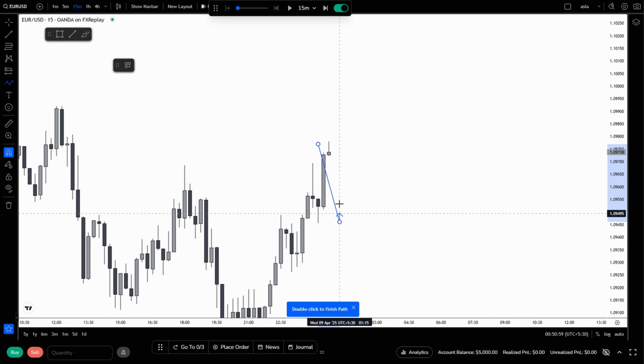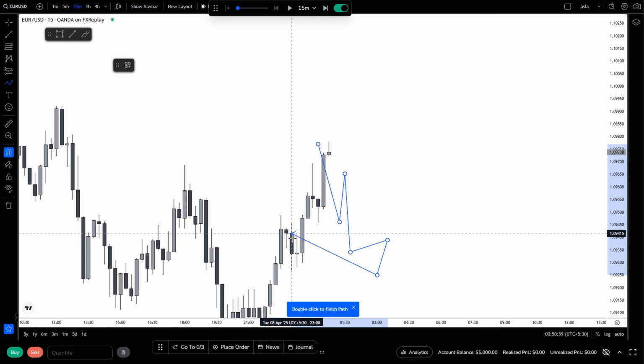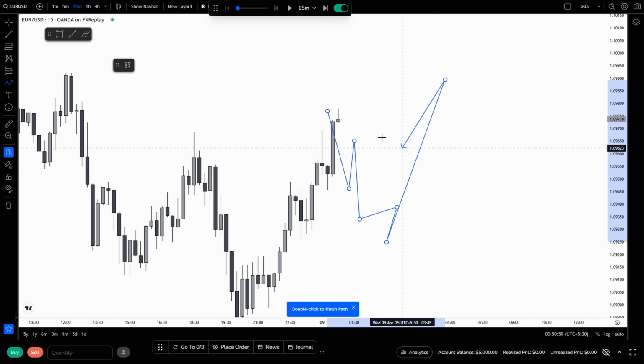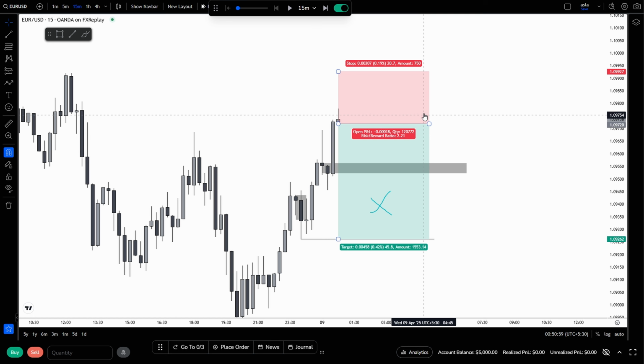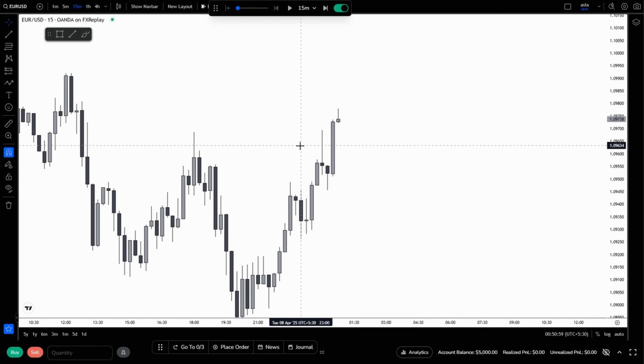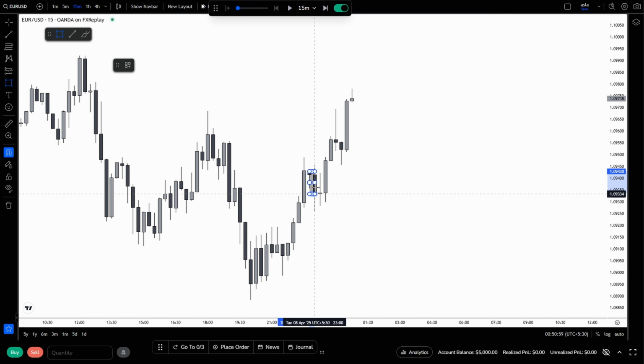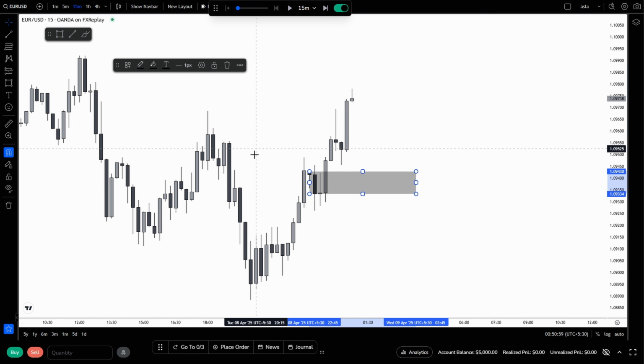Price often respects these unfilled order blocks that are positioned in premium or discount, and if you ignore them, price can react from those areas and stop you out before reaching your intended target. That's why, to stay on the safer side, you should always plan your targets around order blocks that are in premium or discount according to your trade direction.